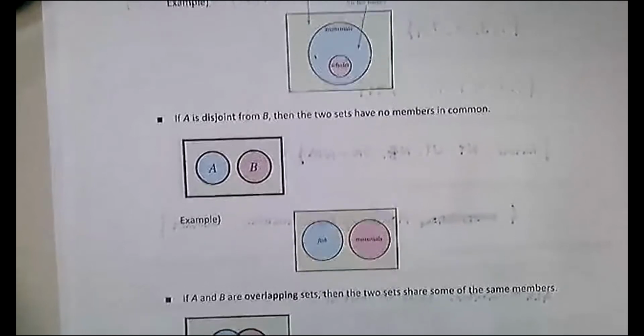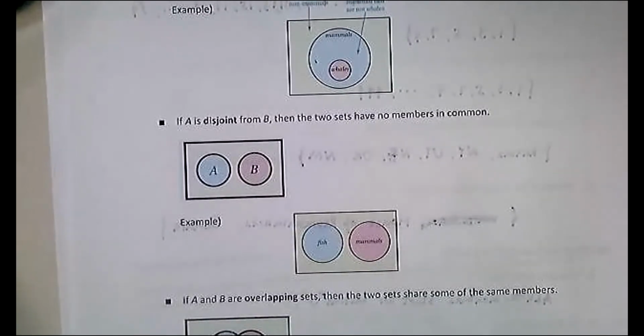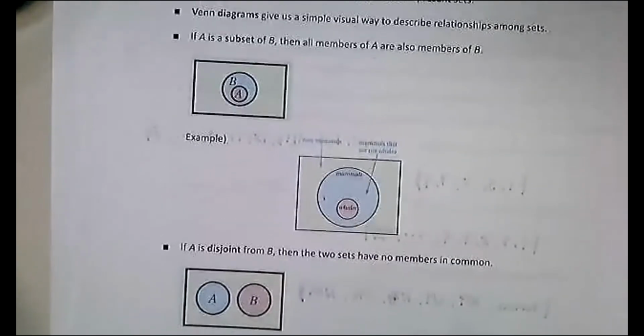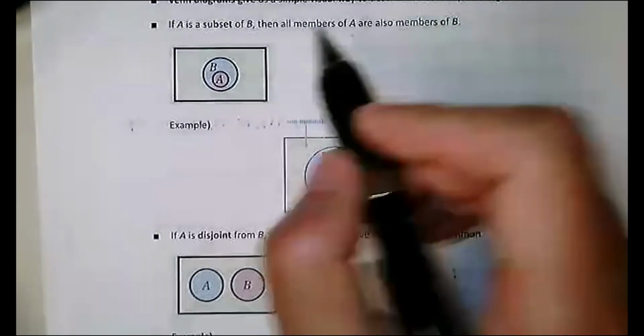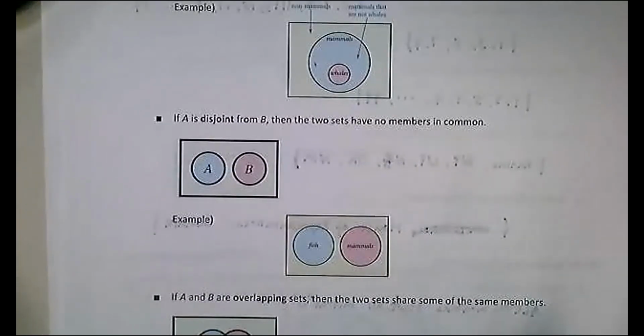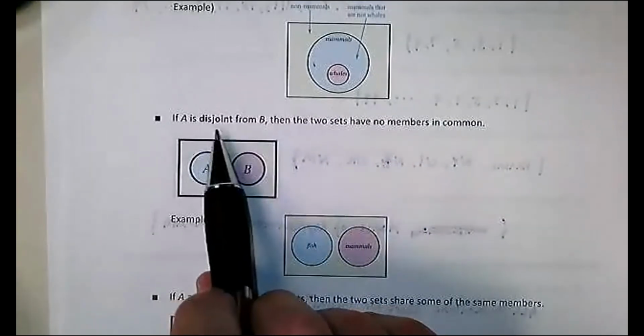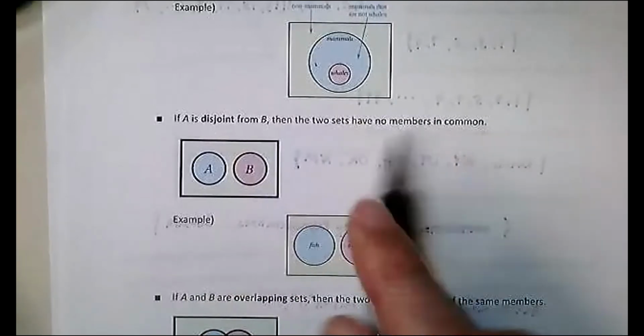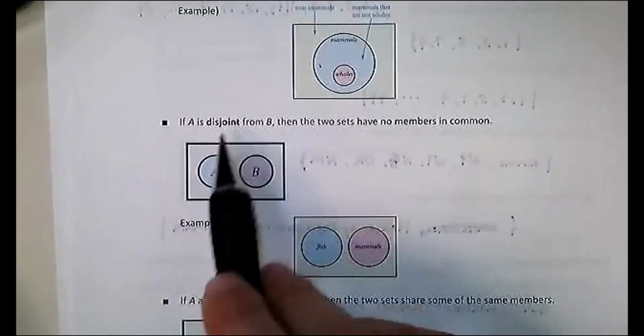So let's continue. We just learned the first relationship between sets, that is a subset. A can be a subset of B. Right now, we're learning the second relationship of sets: disjoint.